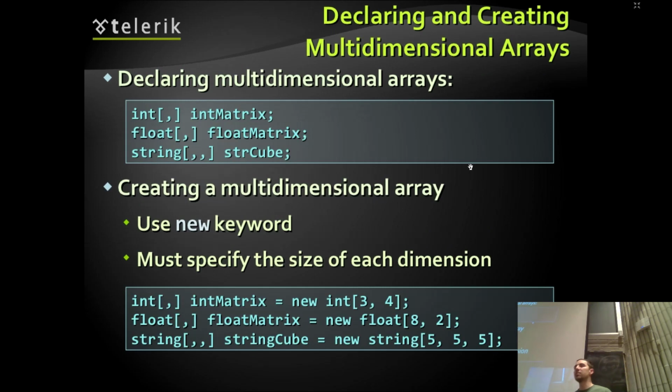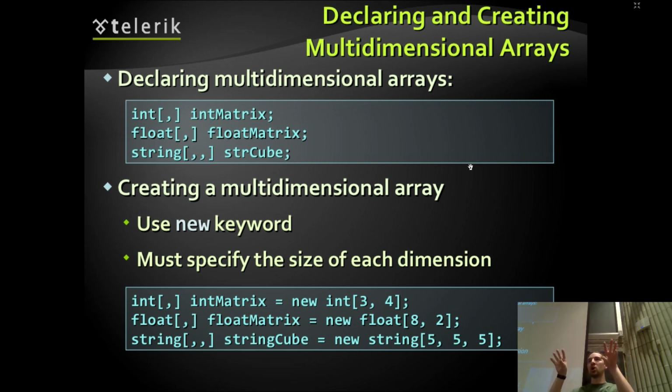Declaring them is pretty much the same as declaring regular single-dimensional arrays. The only thing you have to do is specify the number of dimensions. And the way you specify that is with the number of commas. If you have a single-dimensional array, you put 0 commas. That's space for one number. If you have a 2-dimensional array, you put 1 comma.